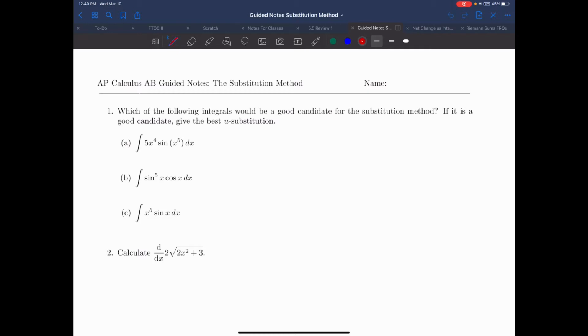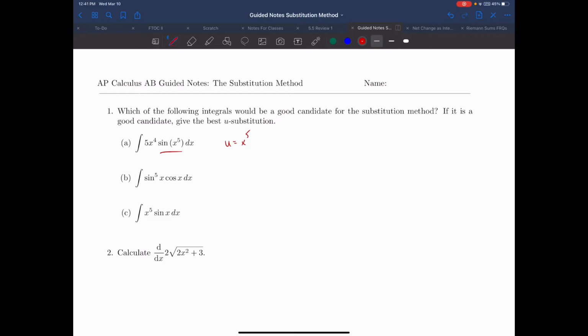In A, I have sine of x to the fifth. If I take the derivative of x to the fifth, I will get 5x to the fourth. So this would be a good candidate, with u equaling x to the fifth. So that's a good one.